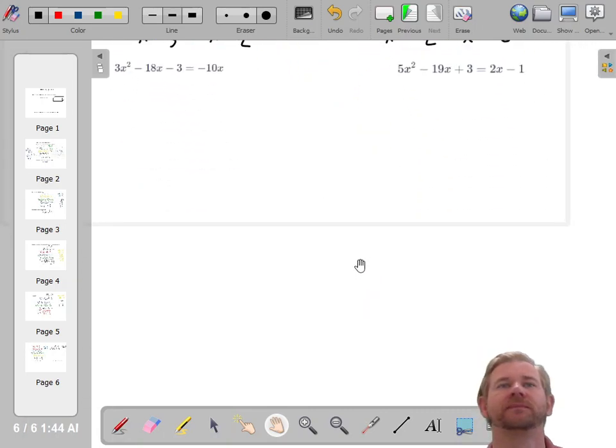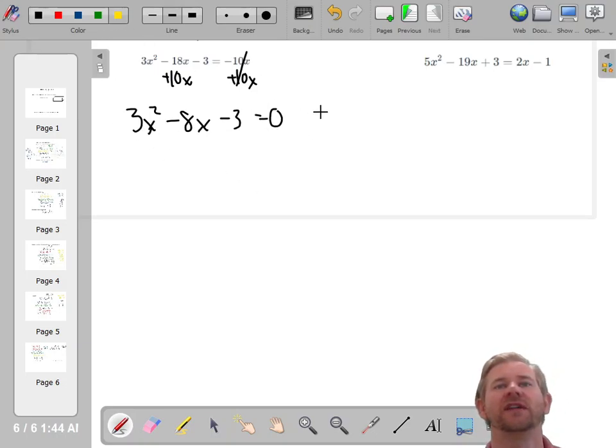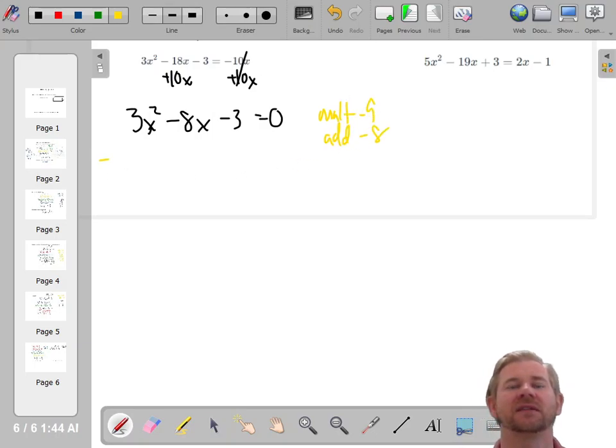A couple more. First, add 10x to both sides. 3x squared, negative 18 and 10 make negative 8. All right, so now it equals 0. Find numbers that multiply to negative 9 and add to negative 8.